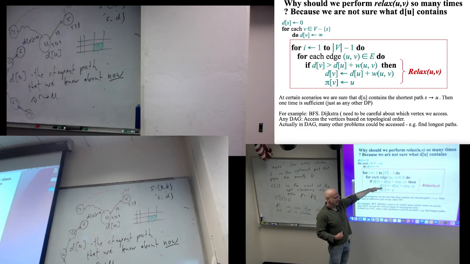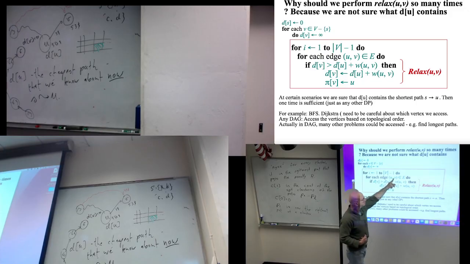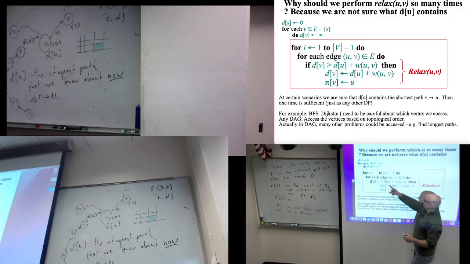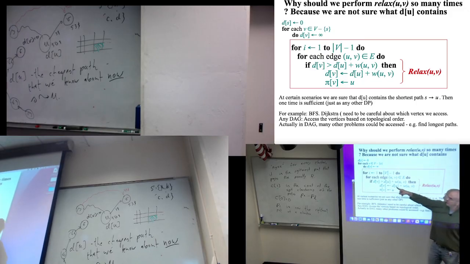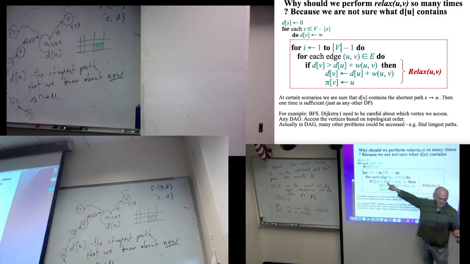But there are other tricks that will make sure that I access the vertices in the correct order. And when I access the edge UV and perform the relaxation, D of U will know its correct value. There are a few tricks for how I can guarantee it.